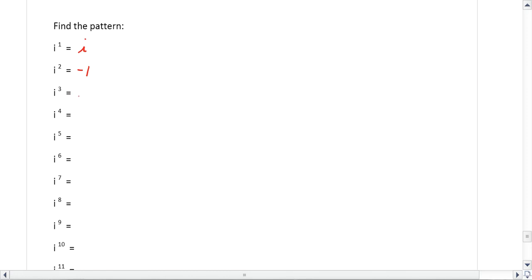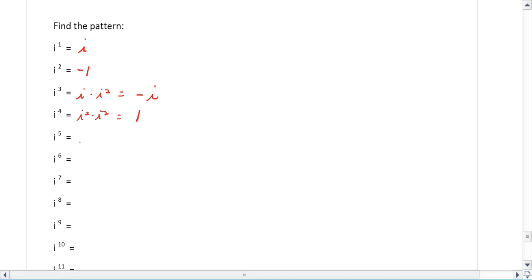We can break i to the third down into i times i squared, which is negative 1 times i, which is negative i. Let's break i to the fourth down to i squared times i squared, which is negative 1 times negative 1, which is positive 1. All right, so far no pattern, we just have i, then negative 1, then negative i, then positive 1. So keep going now.